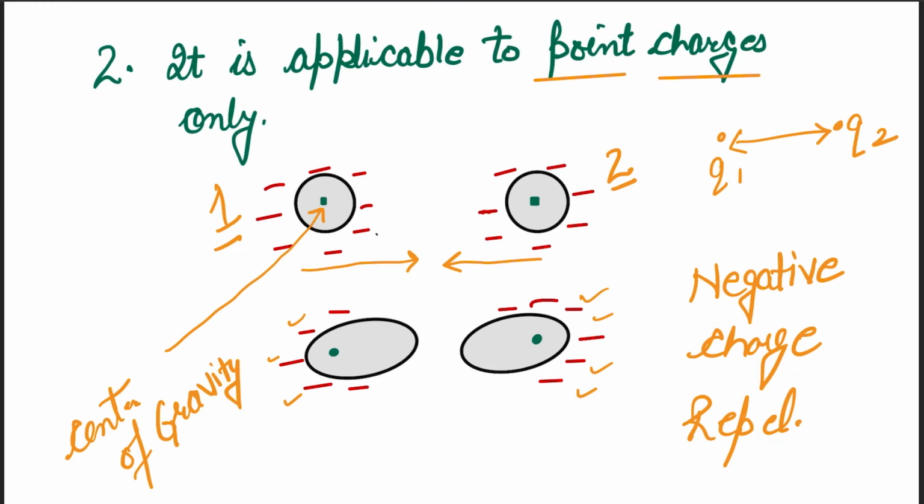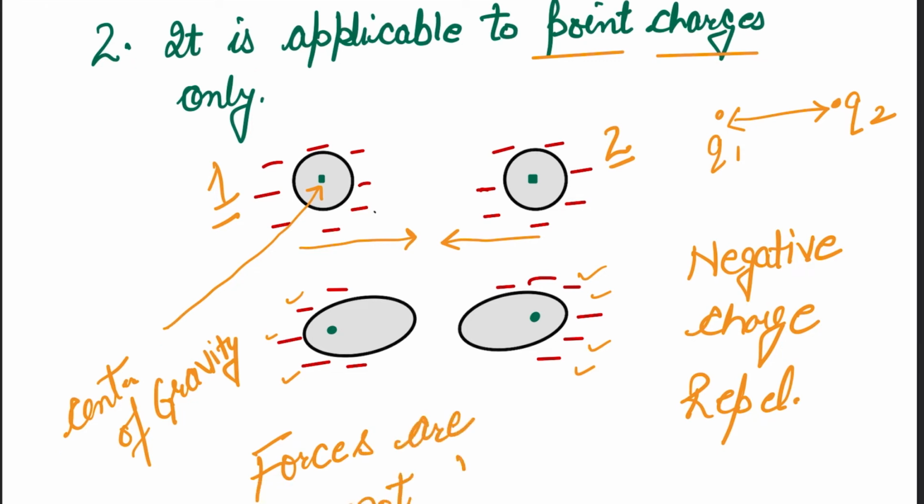And you can see that the center of gravity has also shifted from its middle position. So the forces are not balanced in this case. So Coulomb's law can be applied to point charges only.